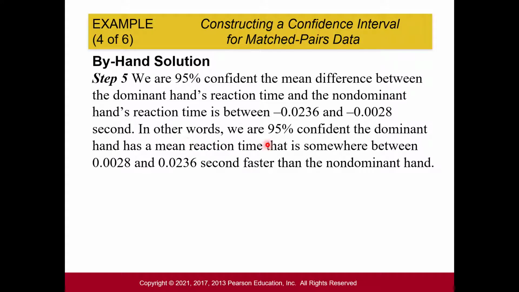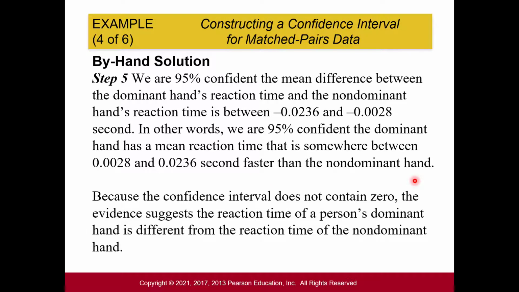In other words, we could say that we're 95% confident the dominant hand has a mean reaction time that is somewhere between 0.0028 and 0.0236 seconds faster than the non-dominant hand. Because the confidence interval does not contain zero, the evidence suggests the reaction time of a person's dominant hand is different from the reaction time of the non-dominant hand.